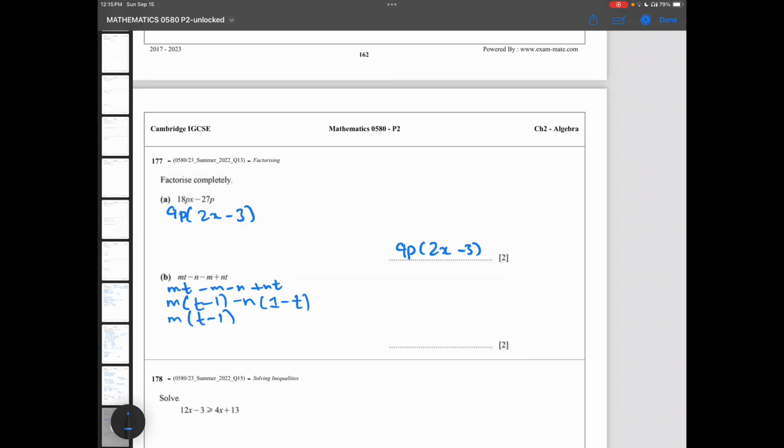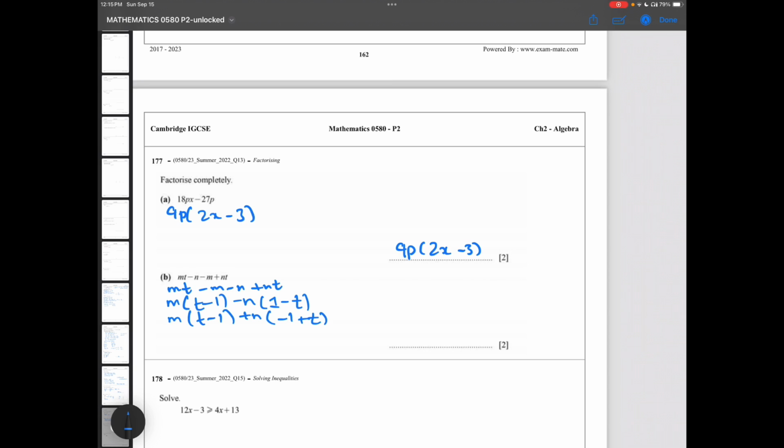When I take the minus common, the minus is going to come out and it will be multiplied with minus n, and it becomes plus n. So now the signs of minus t and 1 will be reversed because we have taken the minus common from it. So 1 becomes minus 1 and minus t becomes plus t.